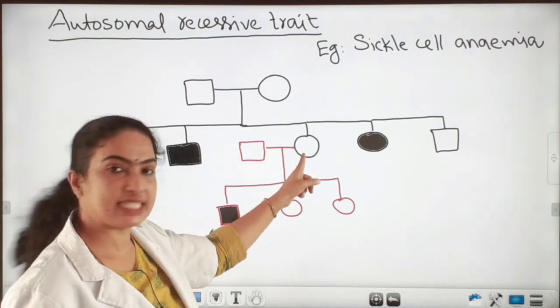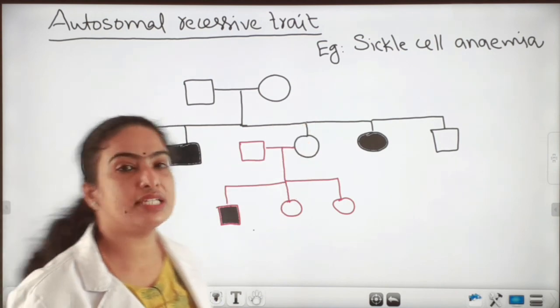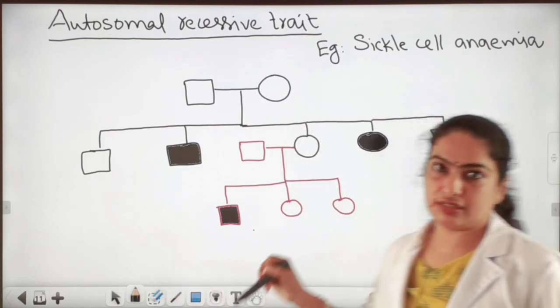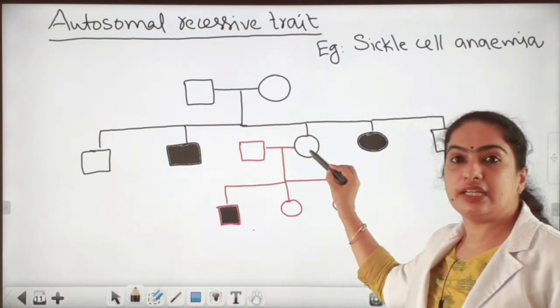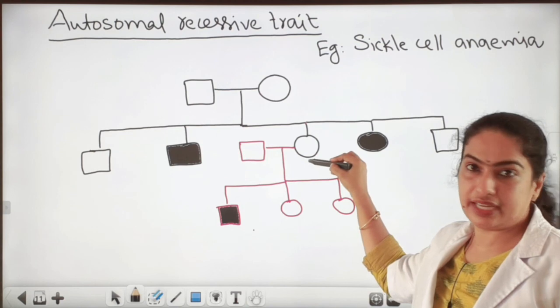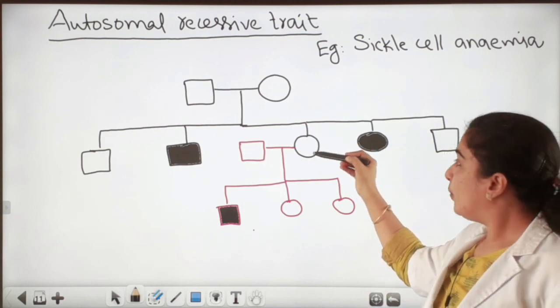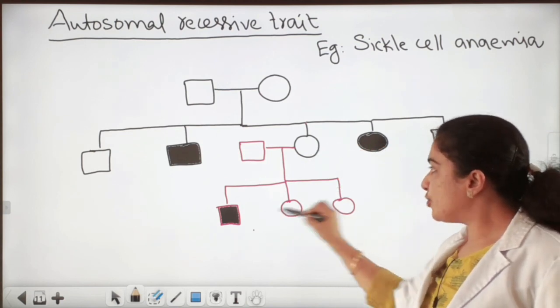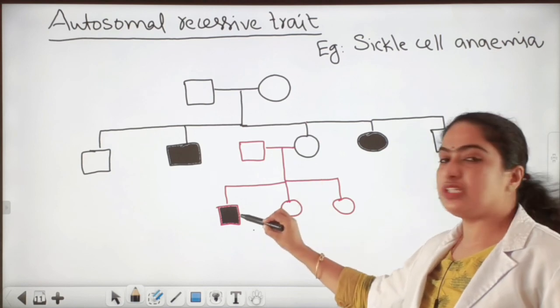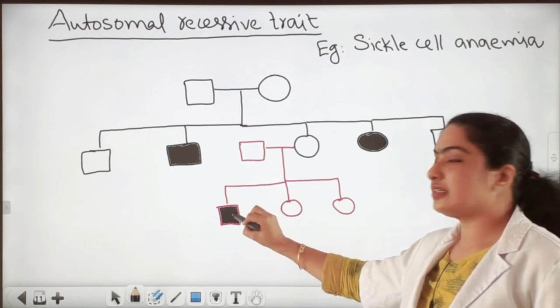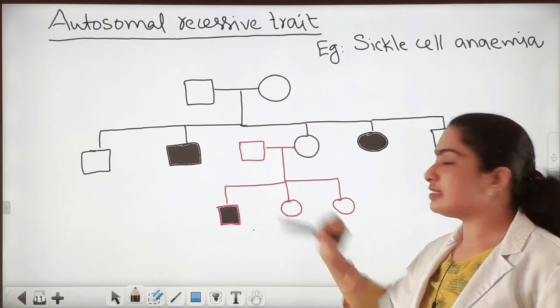As it is a recessive gene, she is not expressing the disease. And this recessive gene is hiding here in this daughter. When in the offspring 2 recessive genes come together, that expresses in the son.